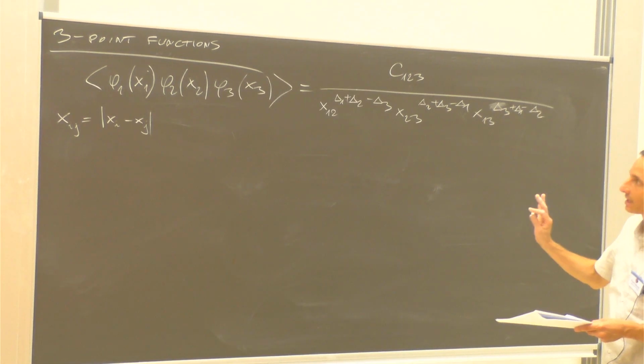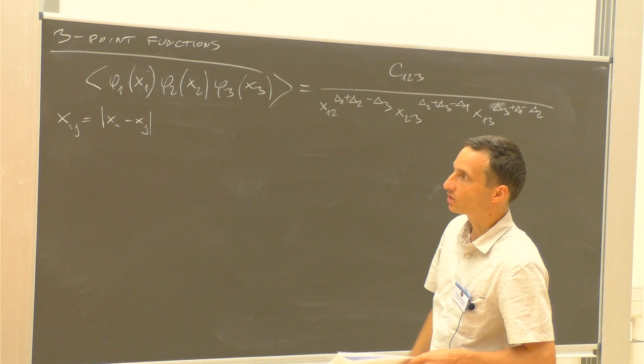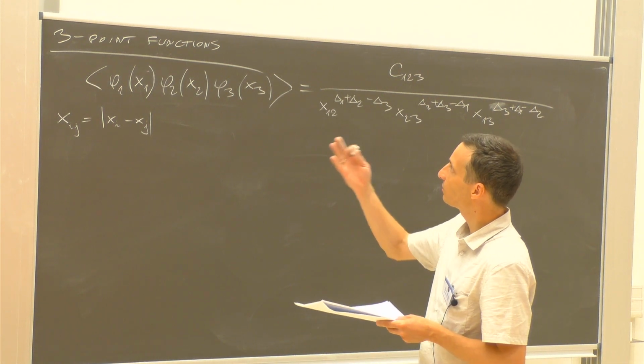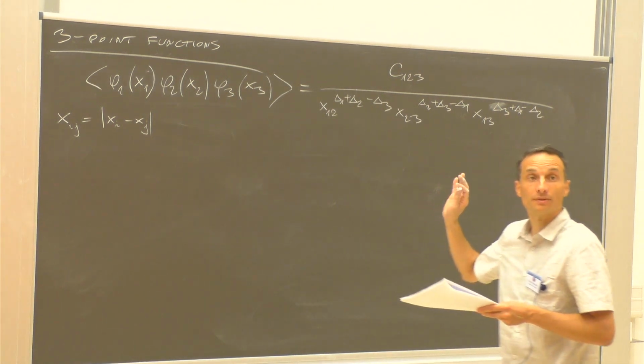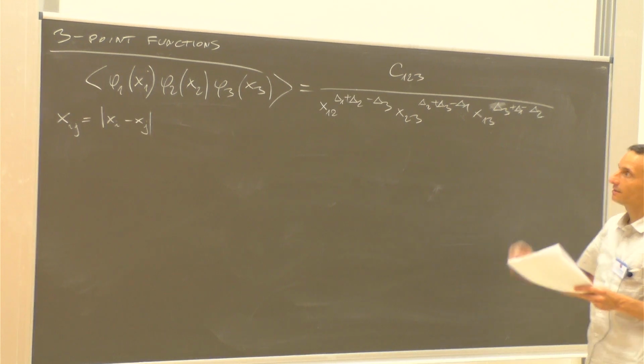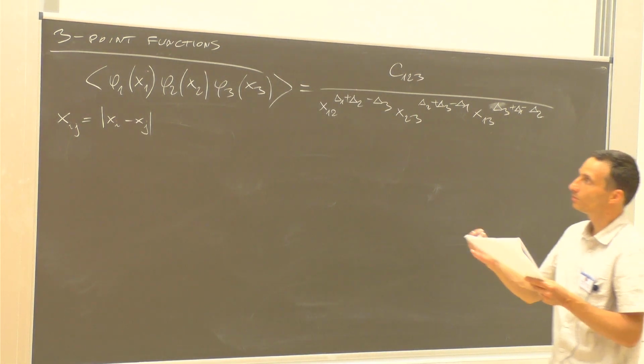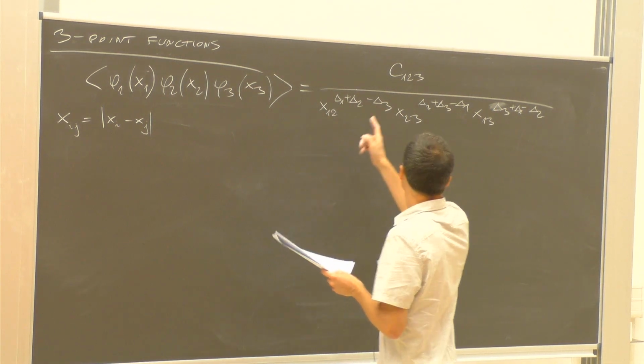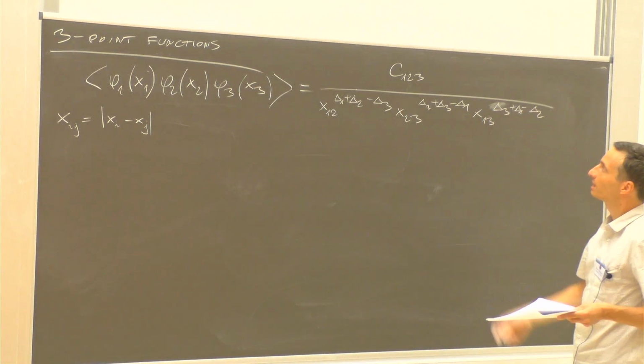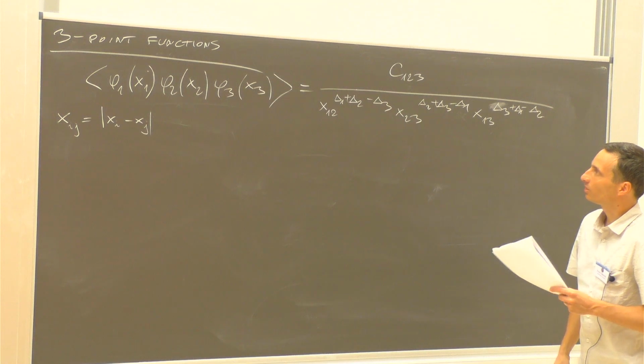And let me stress again that I am still in any dimension. So you see that the form of 2-point functions or 3-point functions in conformal field theory is somehow fixed for quasi-primary fields. If you know the dimensions of these fields, those deltas, you don't have that much choice.